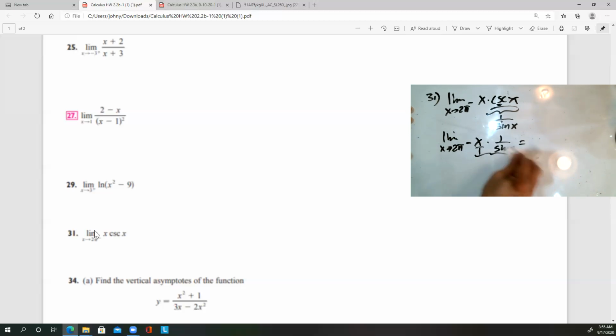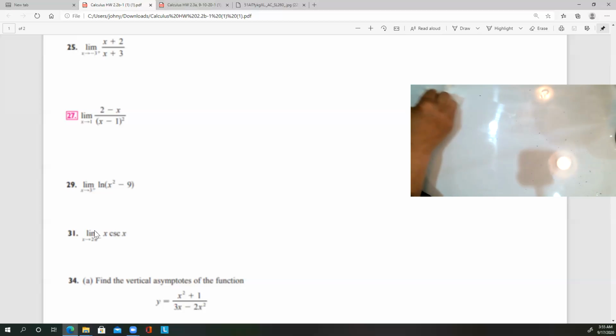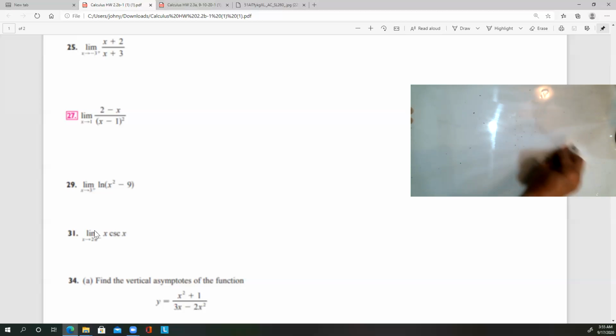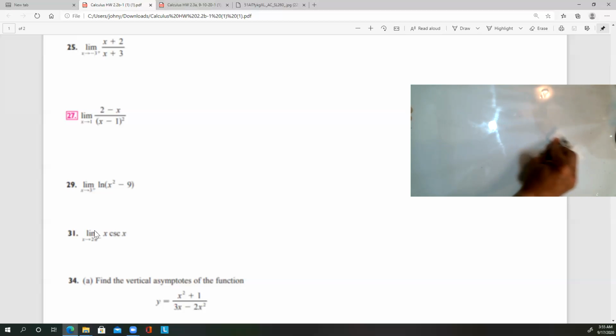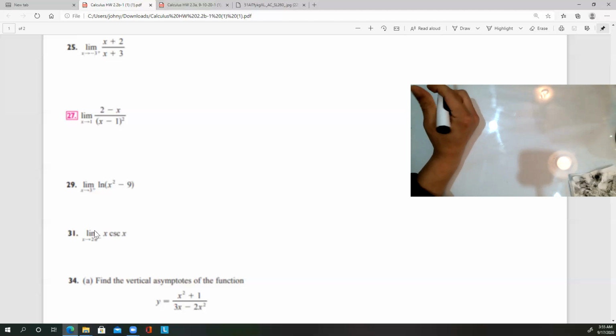Let's look at 34. 34, find the VA. 34 is not so bad. Does anybody remember how to find VAs? I taught this to one of my students last night, actually. These are called rational functions, right?